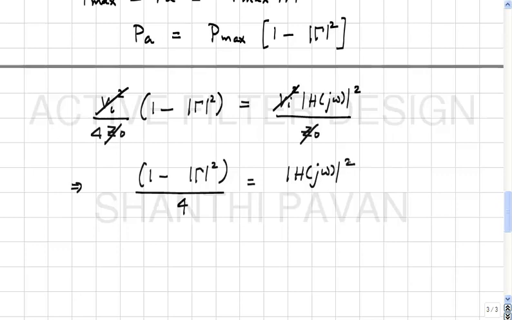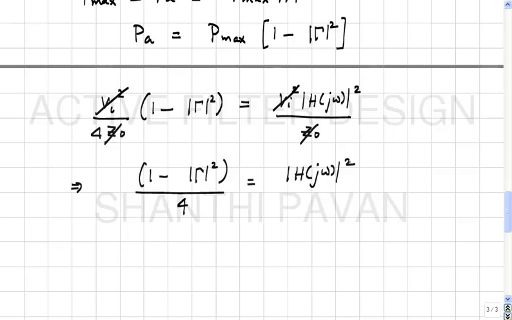In other words, if you want a given squared magnitude, then you want the power dissipated at the left end of the LC lossless network to be H of j omega square times Vi square by Z naught, right?